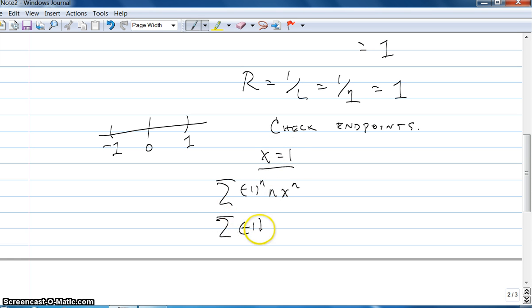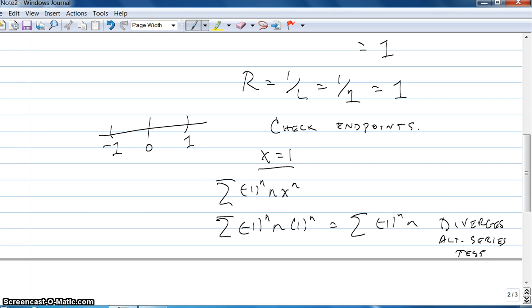So it's (-1)^n times 1^n, which is the same as (-1)^n. Okay, and this is an alternating series test, and it diverges because the limit does not go to 0. It fails the alternating series test. Okay, so this diverges by the alternating series test.